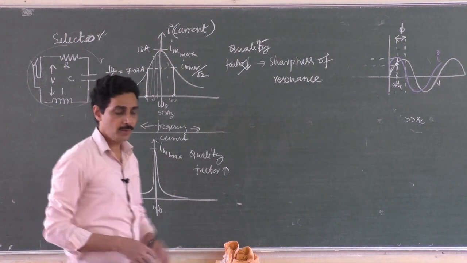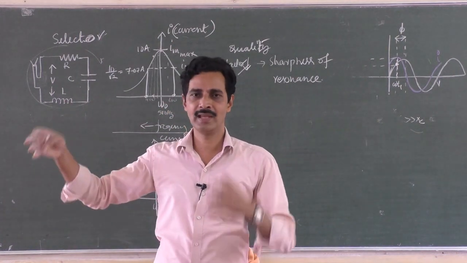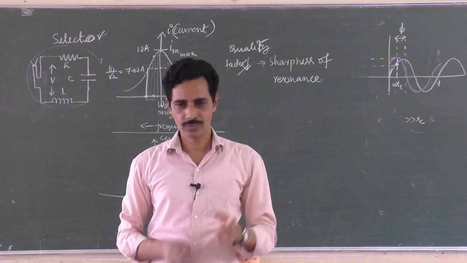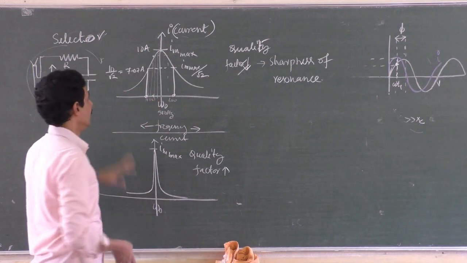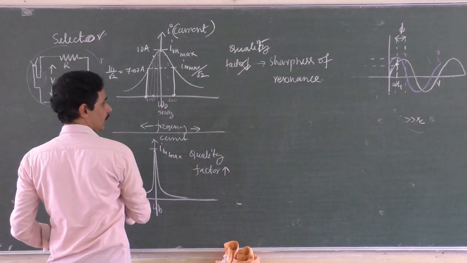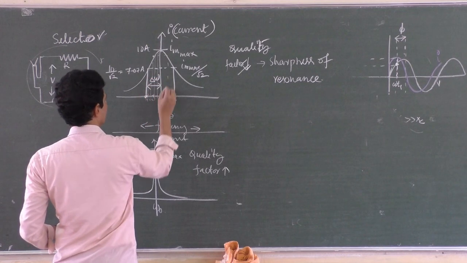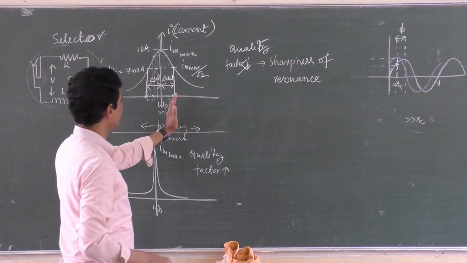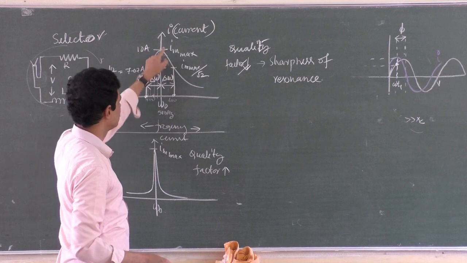For example, how many students have been selected for particular seats in JEE or NEET this year? It is not only the first rank holder, isn't it? Students in a range are selected. Similarly, you have to select a range. If I call this range delta omega, above the resonance frequency there is a frequency where current drops to 1 by root 2 of the maximum value.